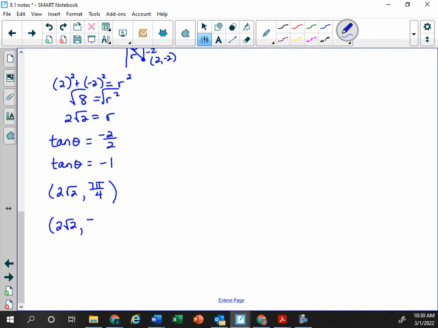What angle? Yeah, negative pi over 4. If you really wanted to, you could say -2√2 and then 3 pi over 4. I don't think you're going to think this way. I think one of the first two is probably how your brain's going to work.